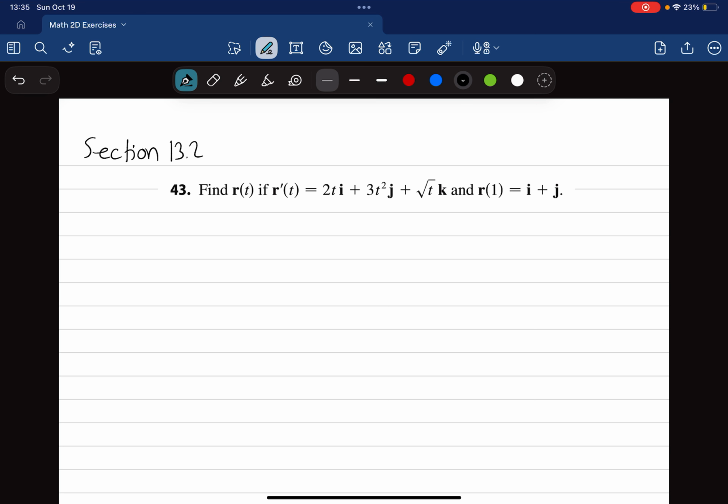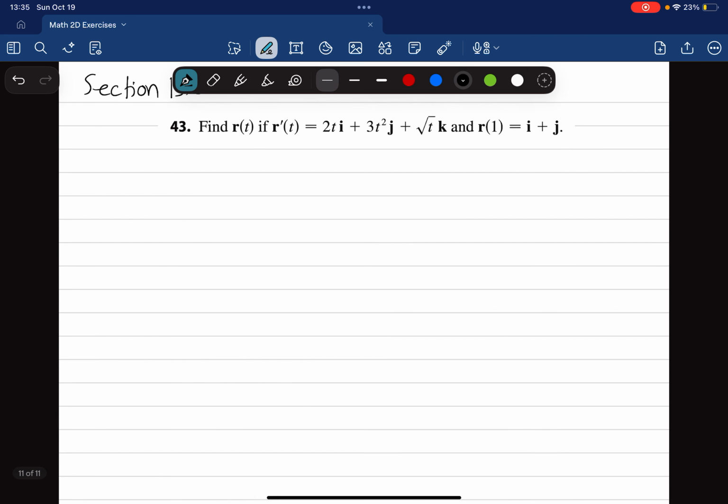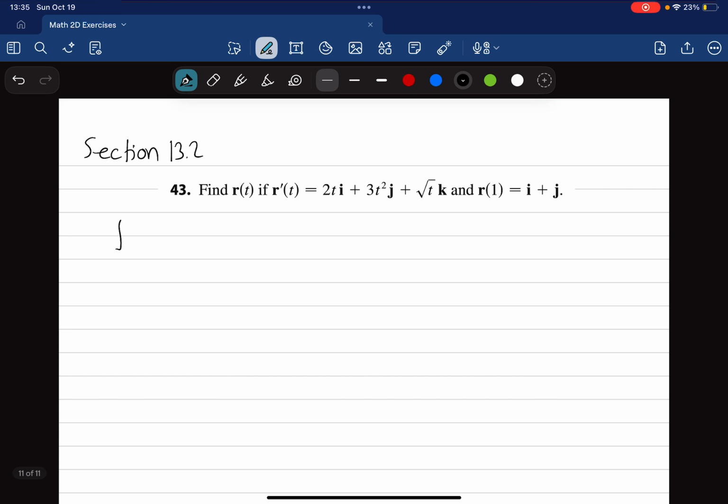Well, you might remember that in general, integration and differentiation are inverse operations. So for just normal functions, the integral of f prime is just f of x plus some constant c. And the same rule applies here, it turns out.